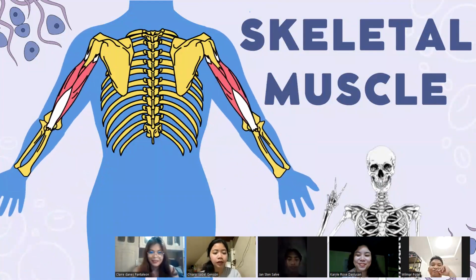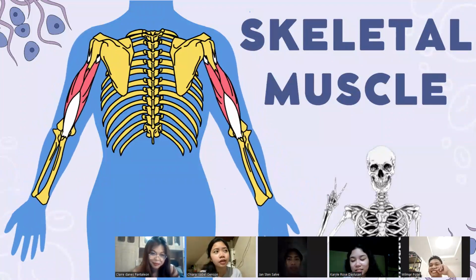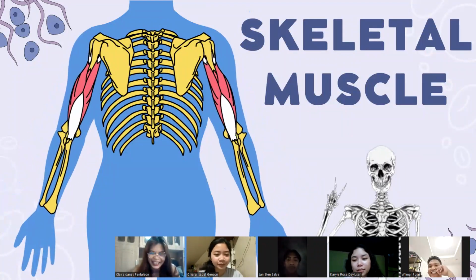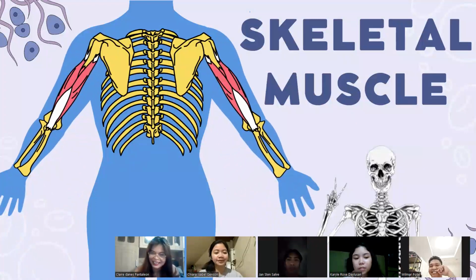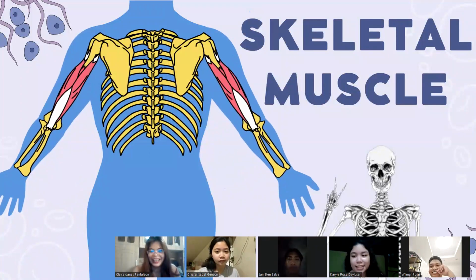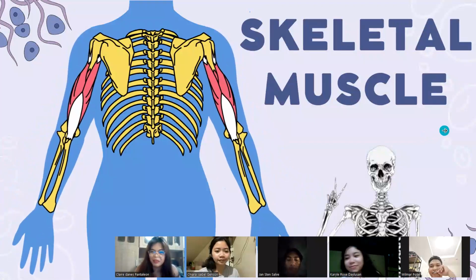Skeletal muscle, miss, from the word itself, skeletal, it is attached to the bones because skeletal means bones. Okay, what about the others? Miss, it also helps facilitate voluntary body movements. Okay, very good. That is correct. Now let's move on.